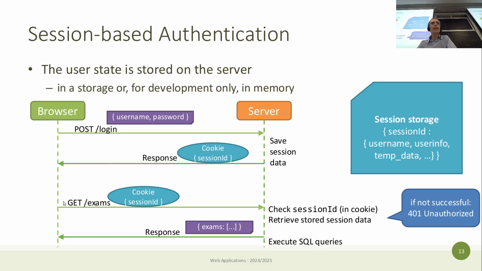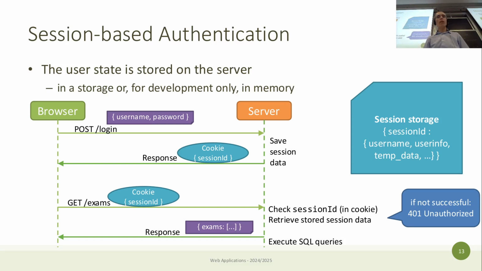Then the next request by the browser will automatically include this cookie. The server will always check, for each request, if a cookie was inserted. If a cookie is inserted, it will look up the user that performed the authentication before. It will check the authorization of the user, and if everything is fine, it will answer the request, providing the information that was required.